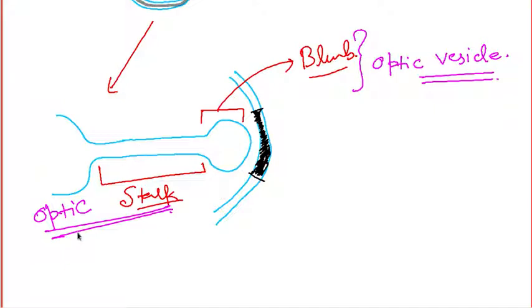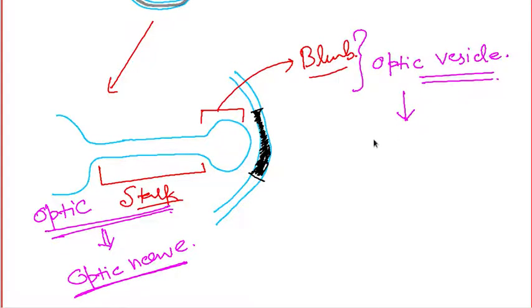Now this optic stalk in future will give rise to the optic nerve, and this hollow bulb-like structure, which is called the optic vesicle, will give rise to the eyeball and its structures.